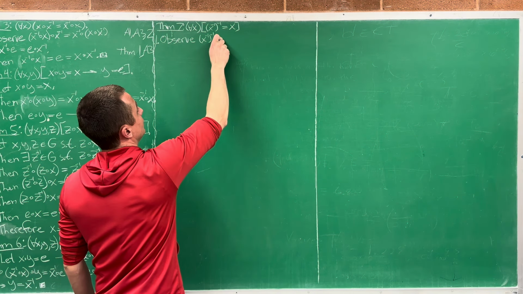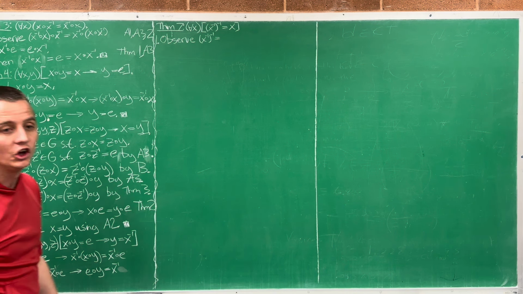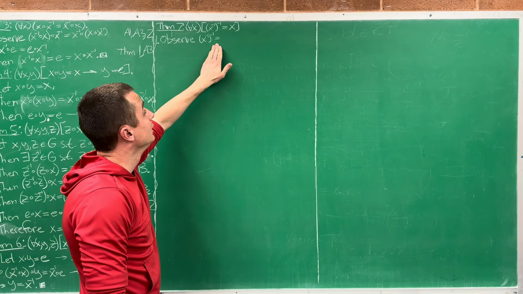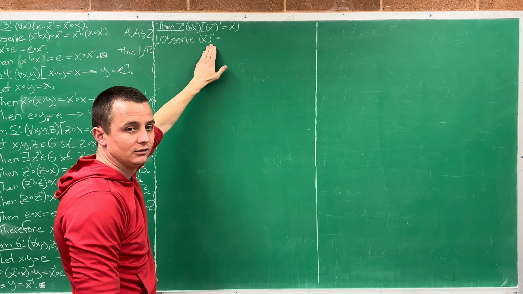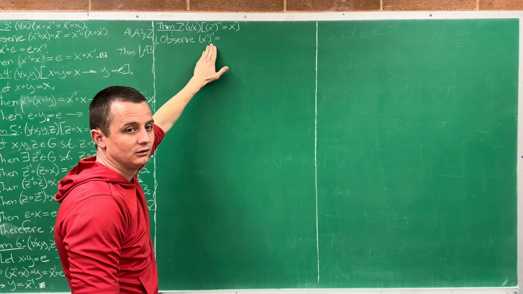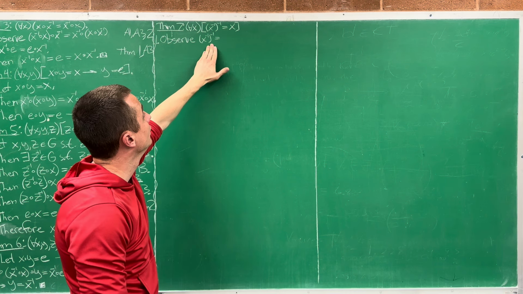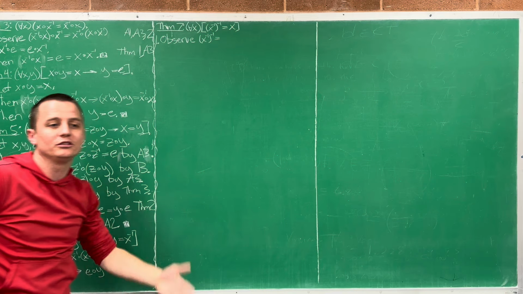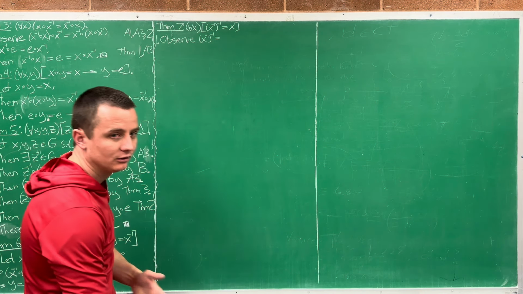I'm trying to show it's equal to something, so I need to manipulate this such that I don't change its equality.